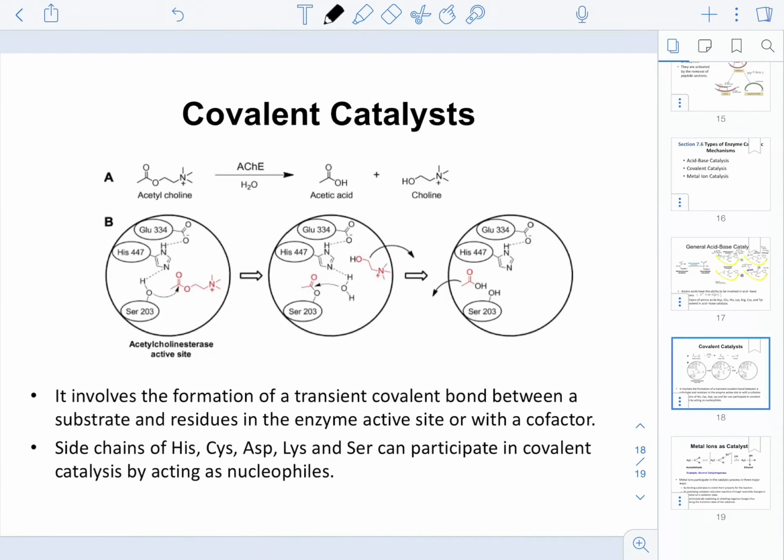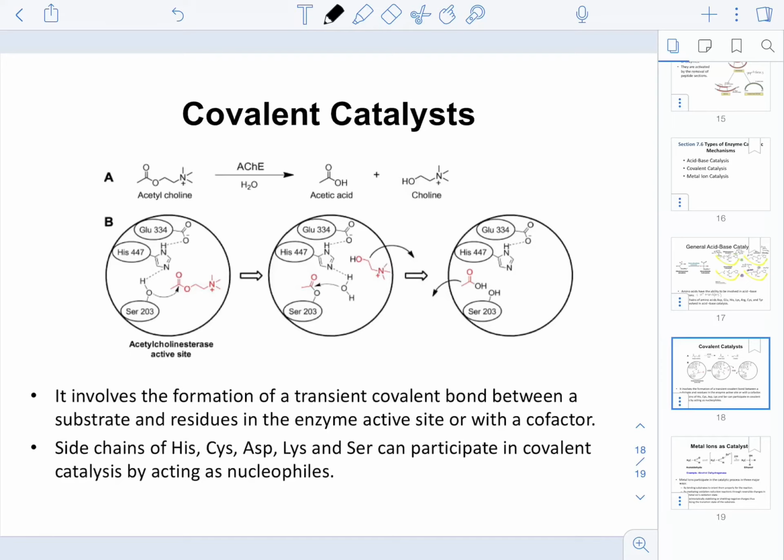The next type of catalysis that you need to be familiar with is covalent catalysis. In covalent catalysis, it involves the formation of a transient covalent bond between a substrate and the residues that are present in the active site.